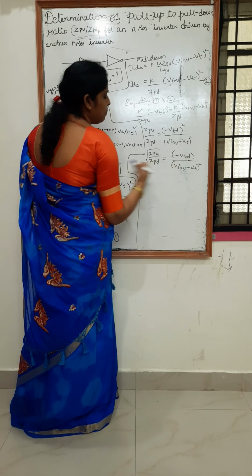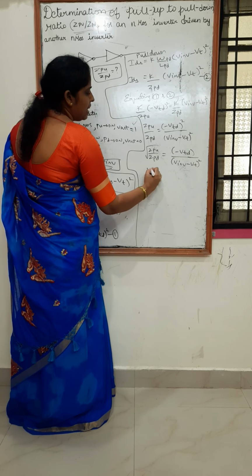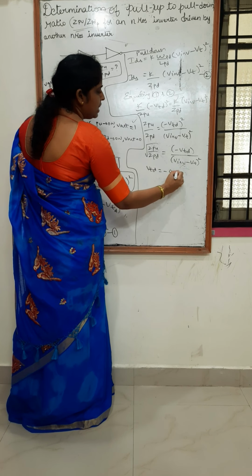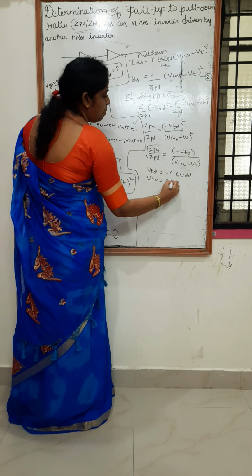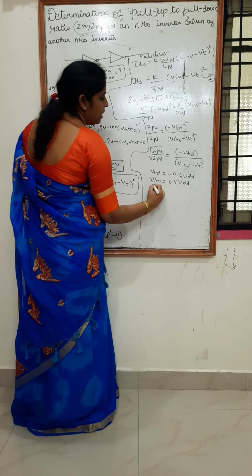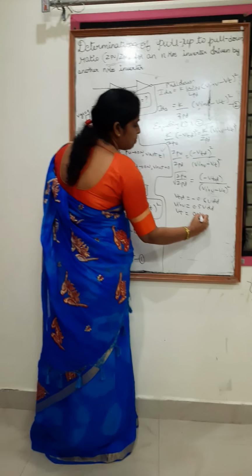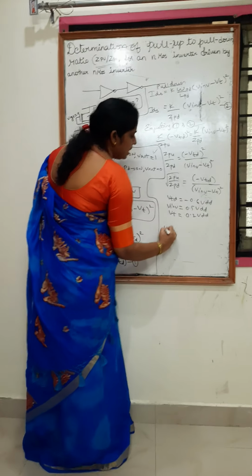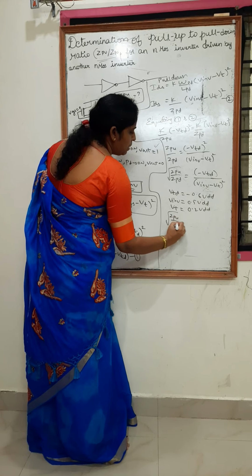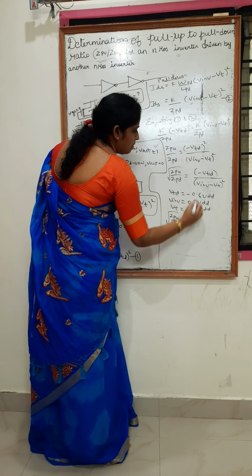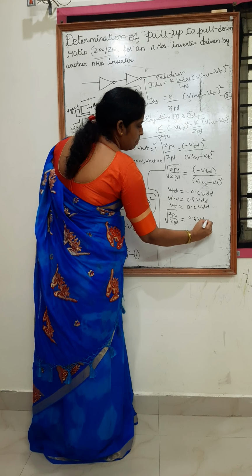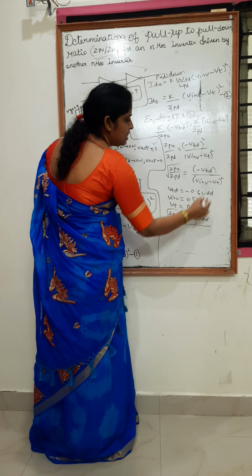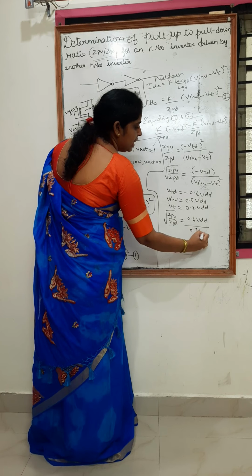If I substitute the typical values, VTD is equal to minus 0.6 VDD, V inverse is equal to 0.5 VDD because it is the middle point, and the threshold voltage is 0.2 VDD. Then root ZPU by ZPD is minus into minus, plus 0.6 VDD by 0.5 VDD minus 0.2 VDD, that is 0.3 VDD.